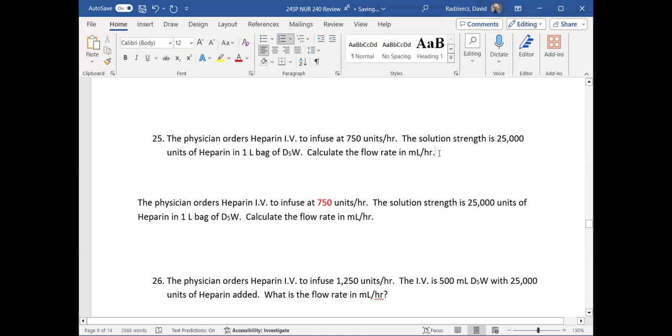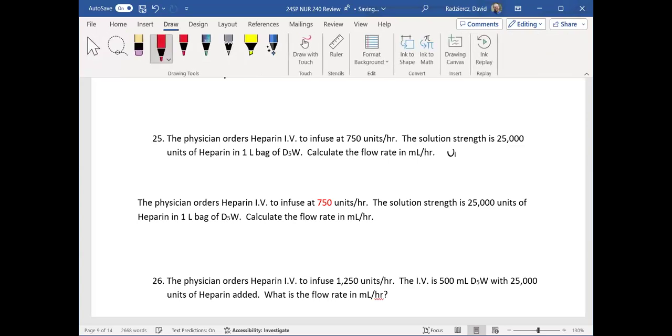All right. So let's look at this question. You were introduced to this in 220, 230. What this question is asking is for you to be able to convert units per hour to milliliters per hour. And this is what you do when you are doing the heparin protocol, right?